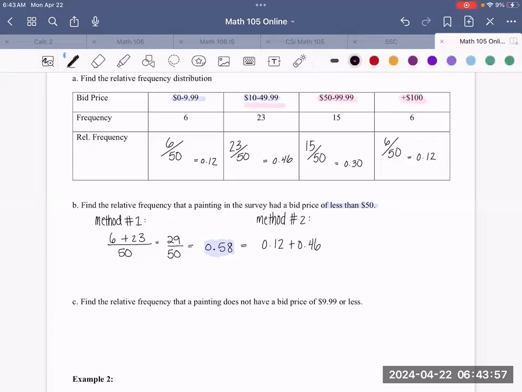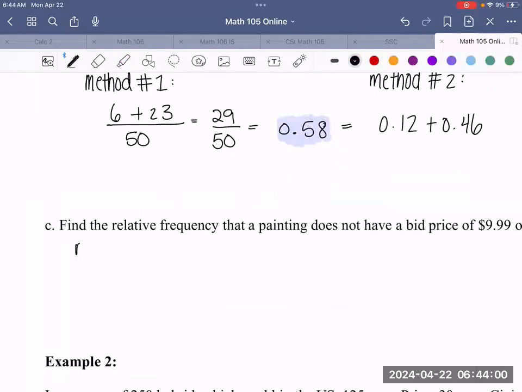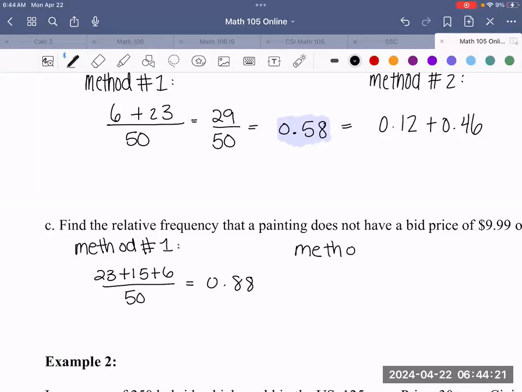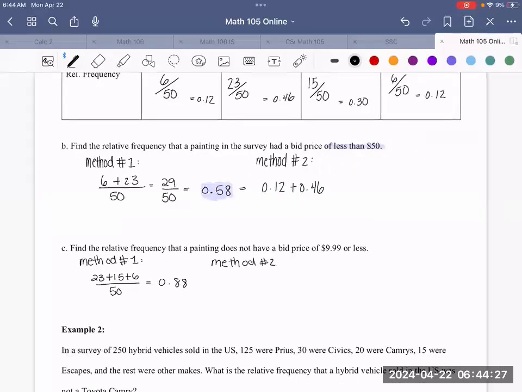So we can go ahead and add those frequencies together. 23 plus 15 plus 6 all over 50, which is 0.88, or method number 2, we can add all of those frequencies together, 0.46 plus 0.30 plus 0.12.